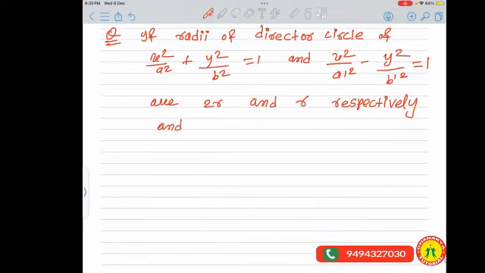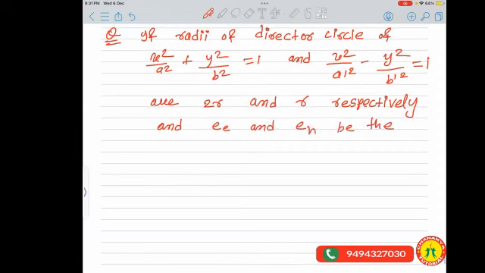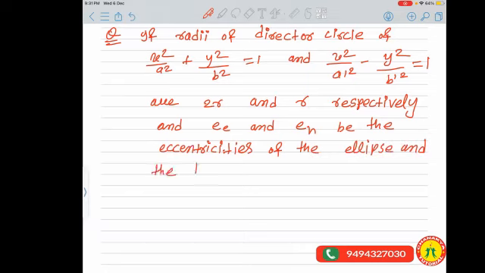And EE and EH be the eccentricity of the ellipse and the hyperbola respectively.